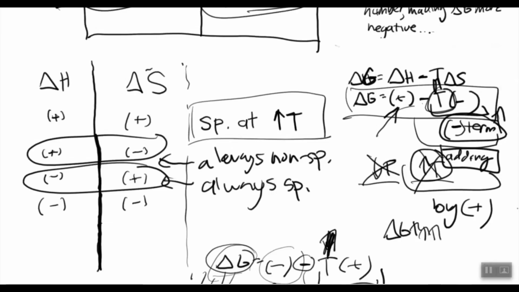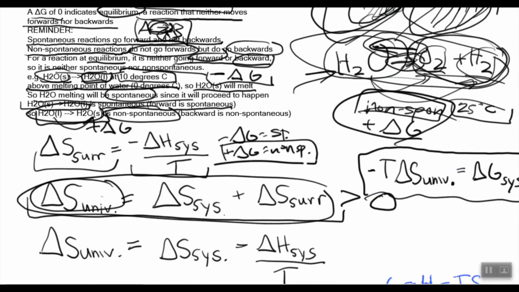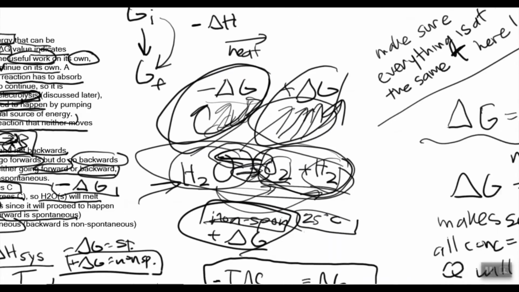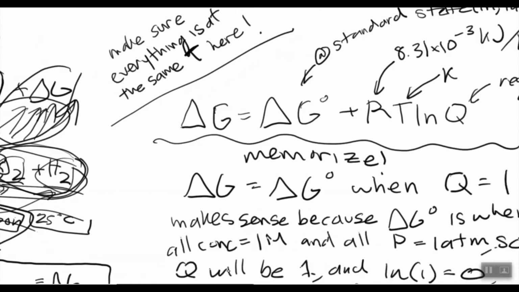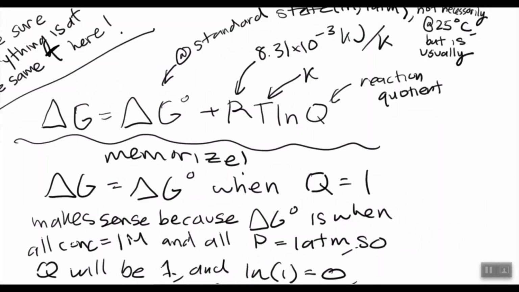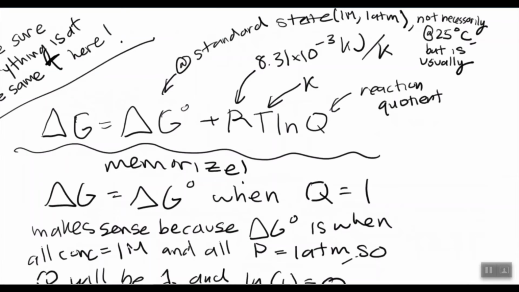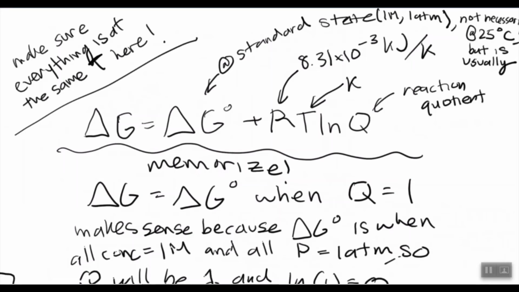So now that we know that, let's actually move on and talk about some more things. So this is an entirely new equation that I don't know how to derive, but you should memorize it anyways because it's super duper important. So what is this equation? It says that the delta G is equal to ΔG⁰ plus RTlnQ. What an interesting equation.